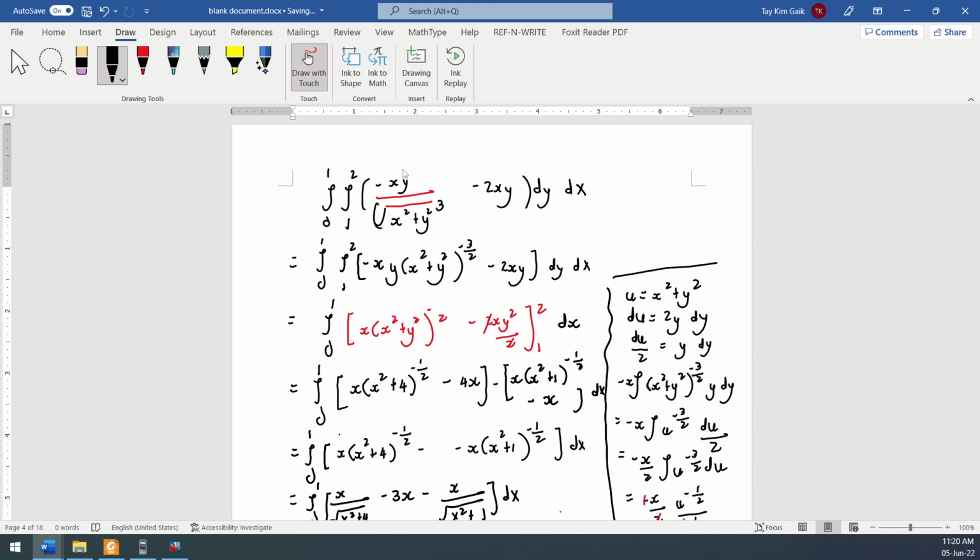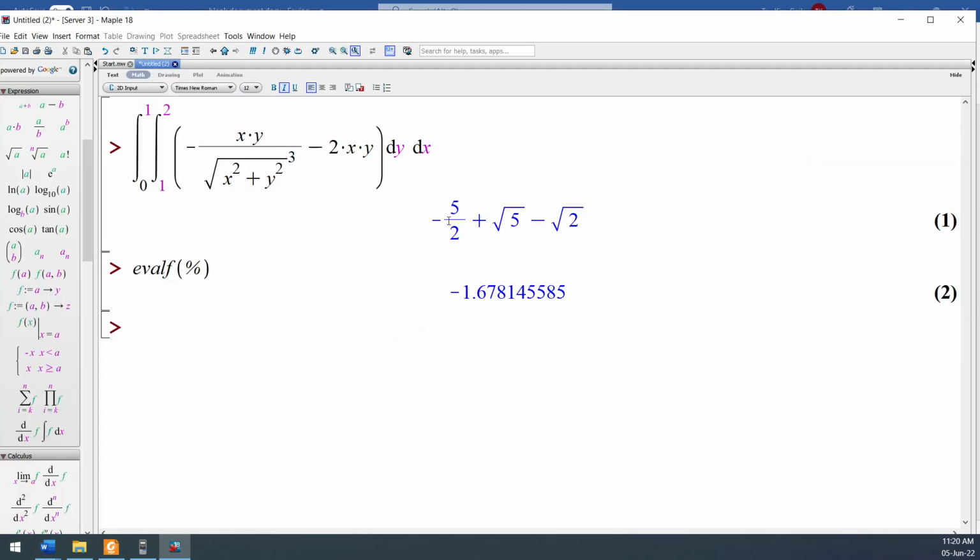So you can change this line directly using Mapper, and the answer comes out in this form.